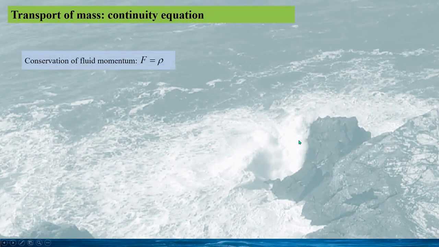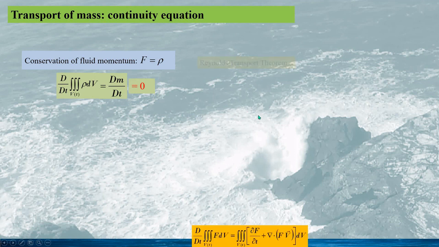If we take the physical parameter F as the fluid density, then the defined quantity is actually the fluid mass. Therefore, within the control volume, the fluid mass would be a constant. Thus, the time rate is 0.